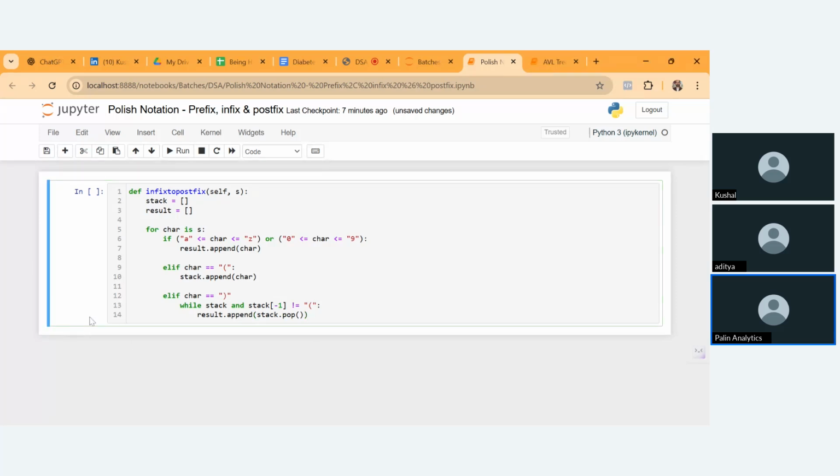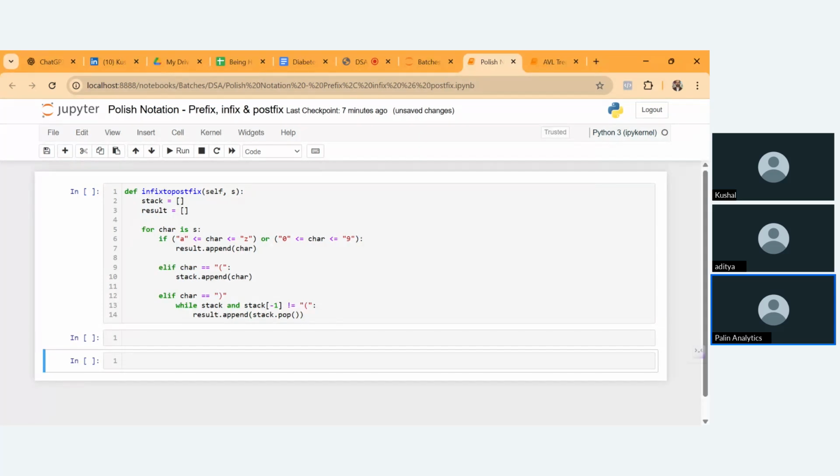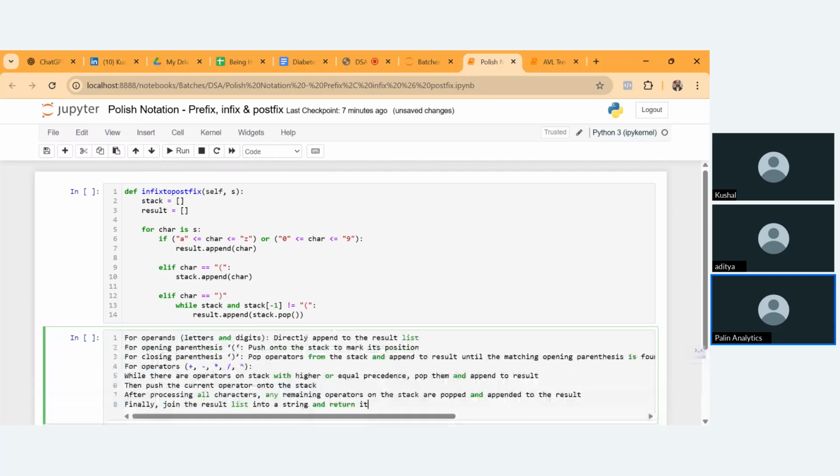I'm just giving a high level idea on this. You can see here, when you are encountering any operand, what you have to do is directly append it into the result list.